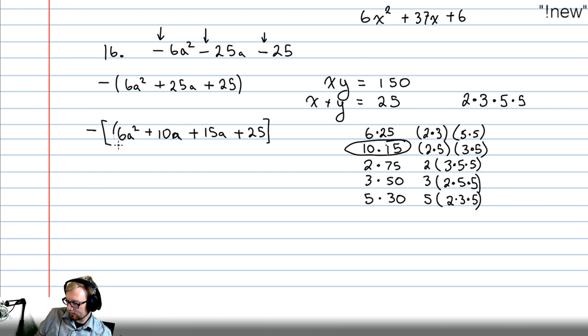So how are you grouping? The 6a and 10a, and your 15a and your 25a. Okay. And so what are you taking out? So you have negative still outside of the bracket. Perfect.